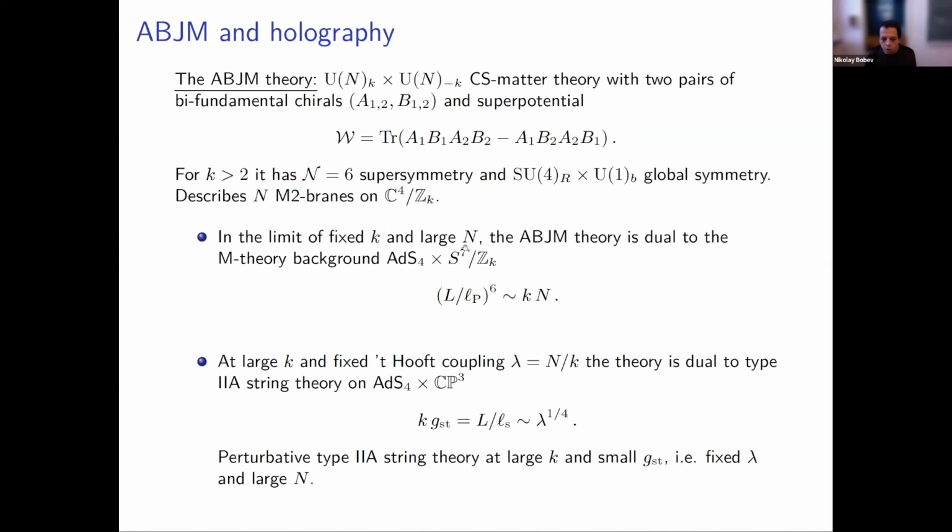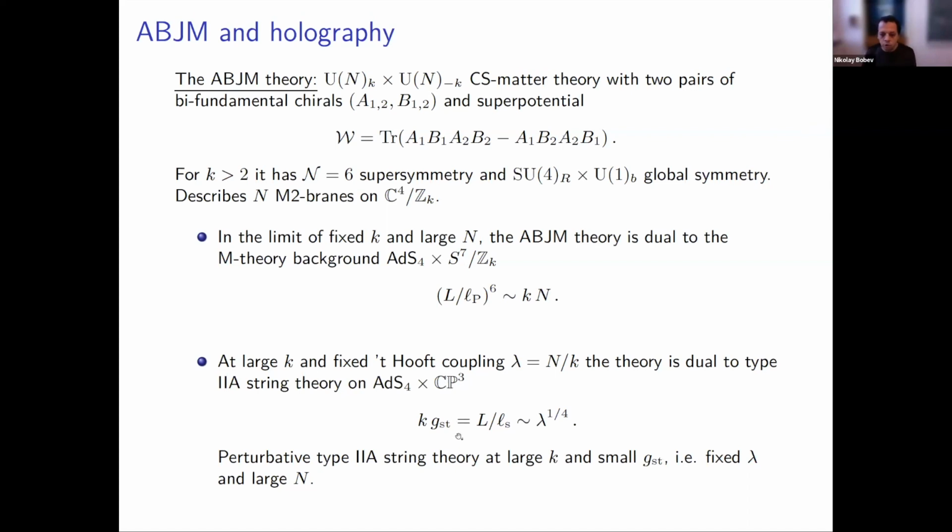As is well known, S^7 can be written as a U(1) bundle over CP^3, and what this Z_k essentially does is reduce the size of the circle, which is fibered over the CP^3. And this is why when k is large, effectively you have a reduction from this sphere to CP^3, schematically.